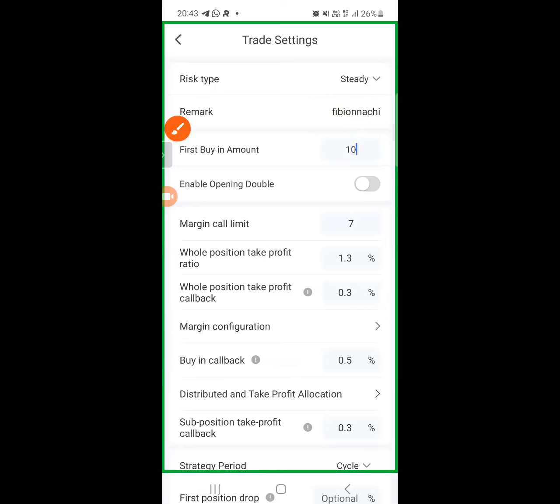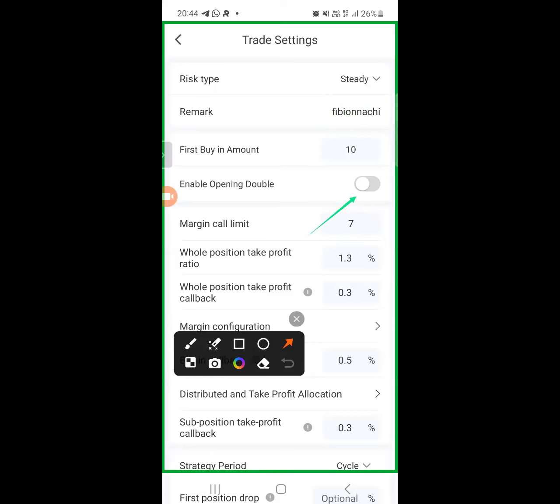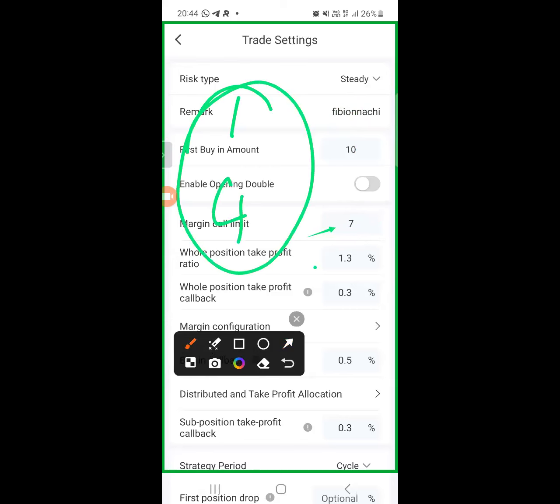And let's say we are going to use the same default settings. Margin call limit, let's put 7. Remember, if you are trading, you make the extra money from the 5th margin call. If you limit yourself to the first 4 margin calls, the robot gathers margin calls 1 to 4 together and sells them at once at the profit that you put here.